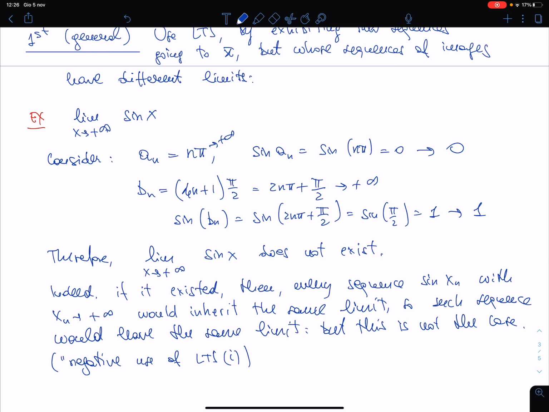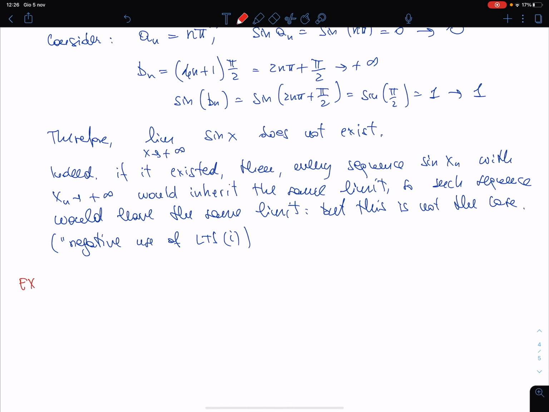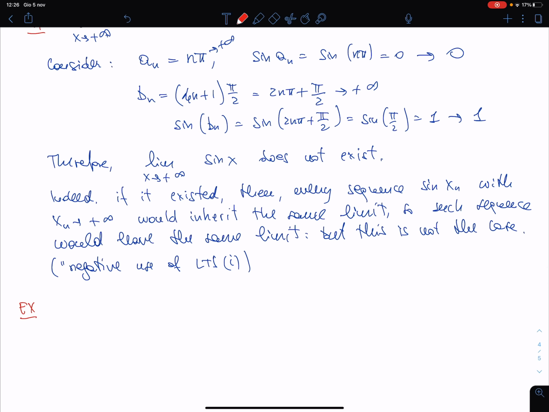There is another example which is very important, which is the following: consider the limit for x going to 0 of sine of 1 over x.